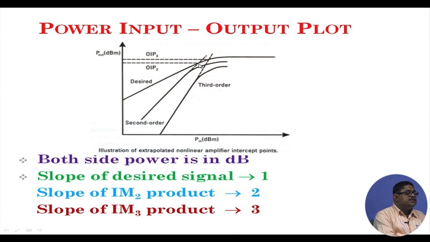So, you see that second order is always lagging, but this third order intercept, since its slope is much higher than second order intermodulation, at some high level it will catch up and it will be of the same level as the desired signal.